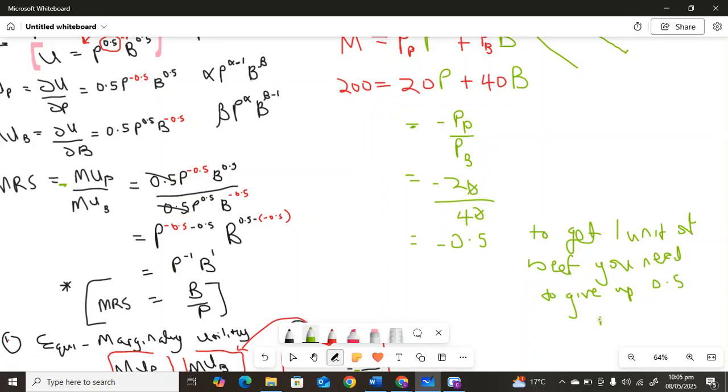You give up 0.5 units of pork. That's what the slope is telling us.